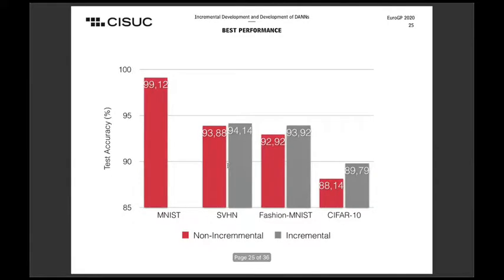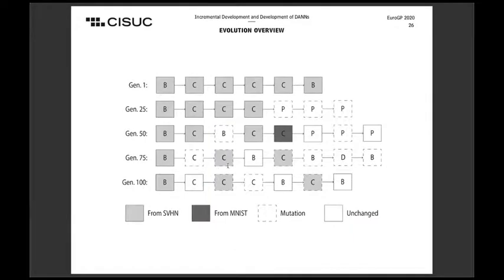However, in these experiments, we focus the analysis on evolving for the same amount of generations, but we haven't focused the analysis on the structure of the individuals. And that's what we do in this particular slide.